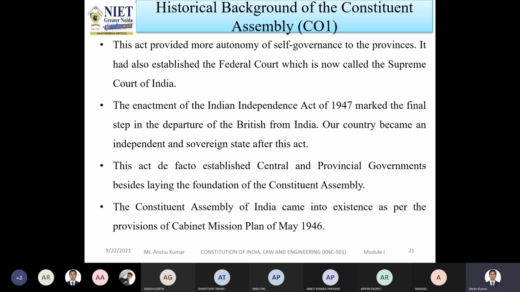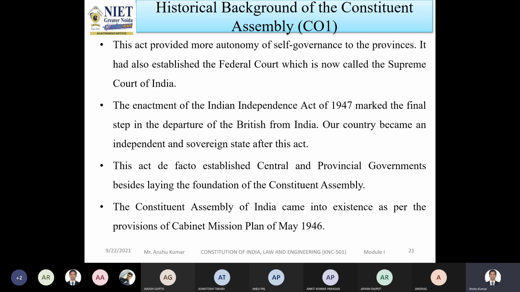After the enactment of the Indian Independence Act 1947, which marked the final departure of the British from India, this act de facto established the central and provincial governments besides laying the foundation of the Constituent Assembly. That is, the central government is known as the union government and the provincial government is known as the state government.